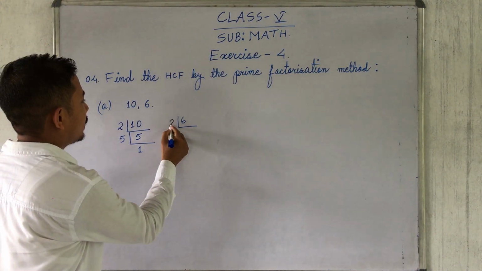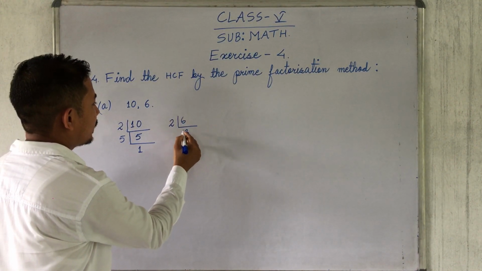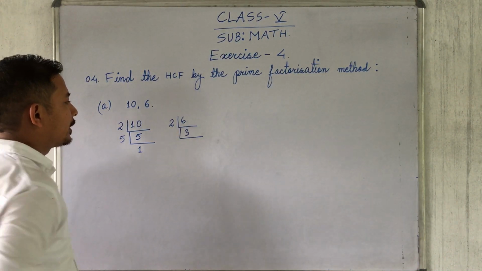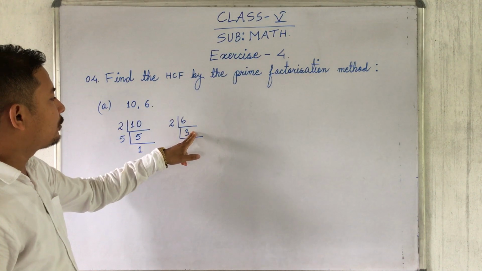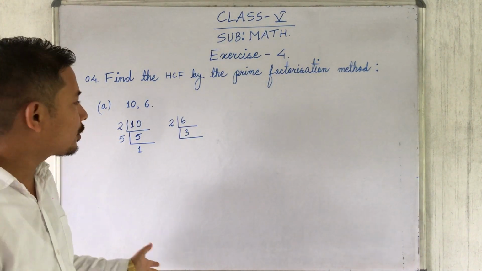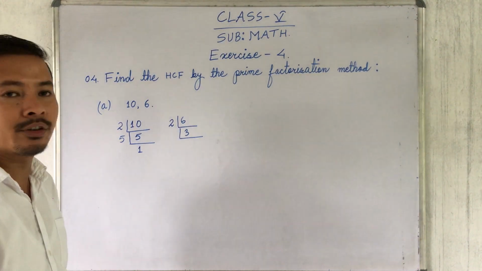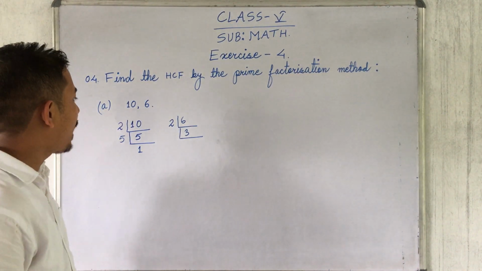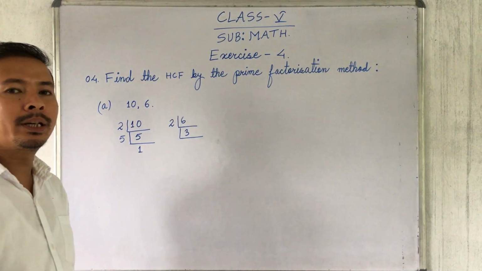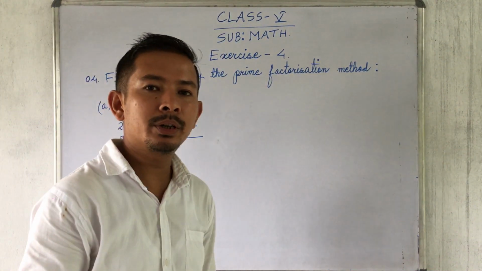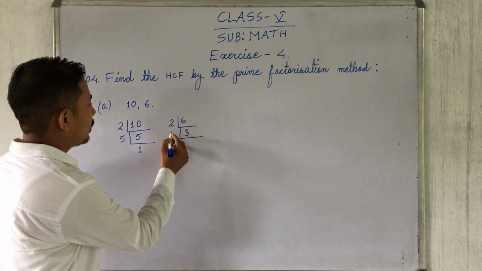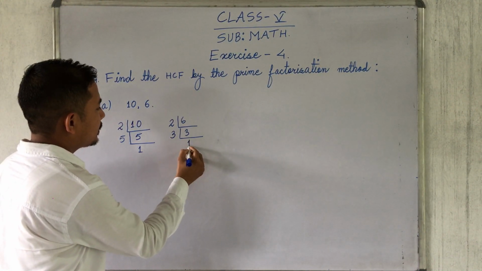Now look here. Again, is 3 divisible by 2 or not? Of course not. So we have to try 3. If we divide it by 3, how many times can we divide? 1 time, because 1 times 3 is 3.